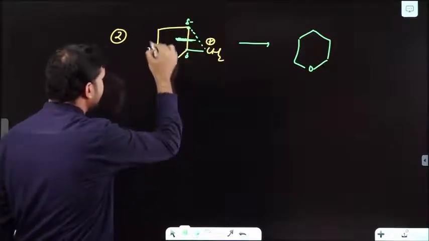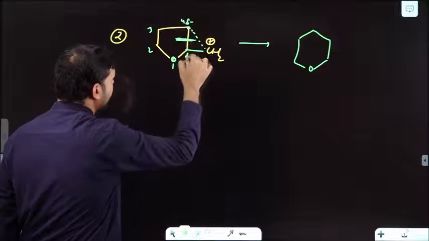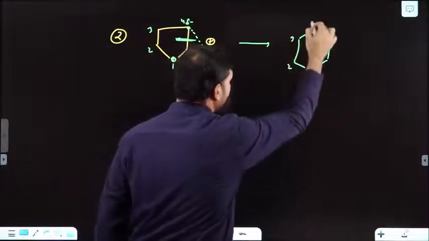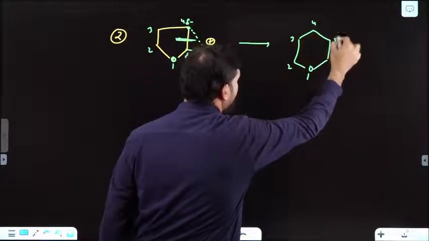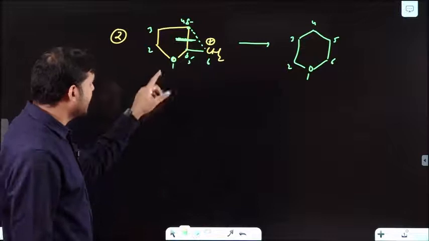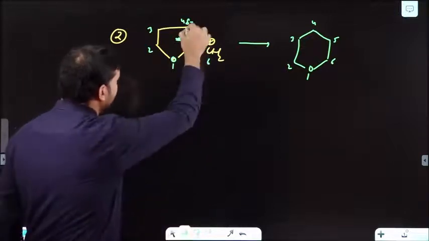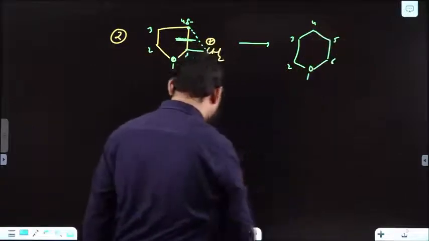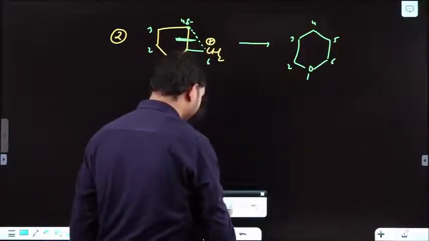Suppose this is 1, 2, 3, 4, 5 and 6. So what happened actually is you broke this side 4 and 5 and you joined with 6. So this 4 joined with 6 actually.